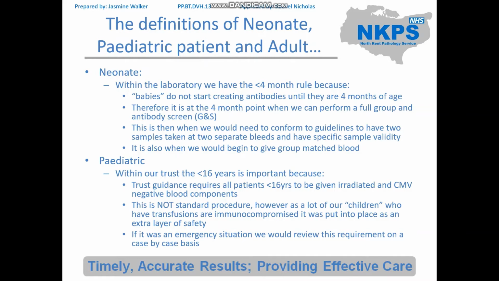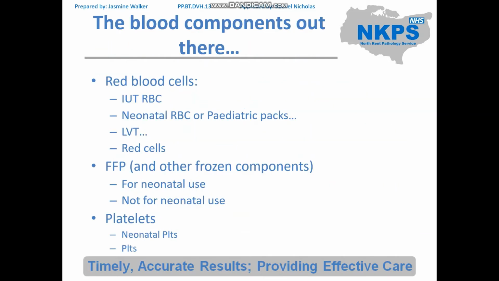With FFP, no, but the platelets would just have to be irradiated, and that's just for the quantity involved, because you're going to have a smaller volume for the neonatal units and therefore less wastage. We would have to switch to the paediatric procedures because they need to be irradiated once they are greater than 4 months old to fall in line with the trust procedures.